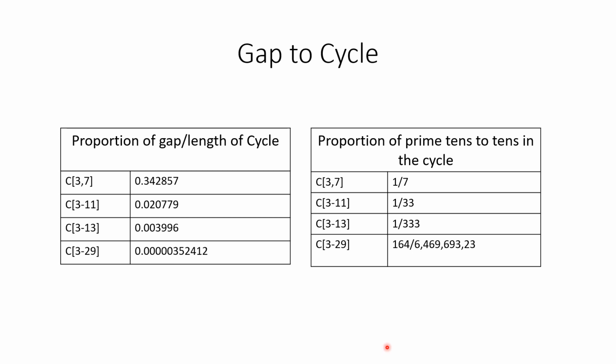This tells you how big the cycle has to be and how separate the prime tens have to be from each other. It's so big, the length of separation between prime tens. That's why a computer can't see this, right? Not yet.